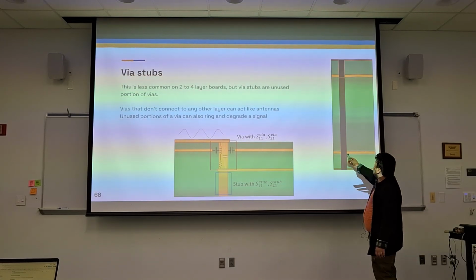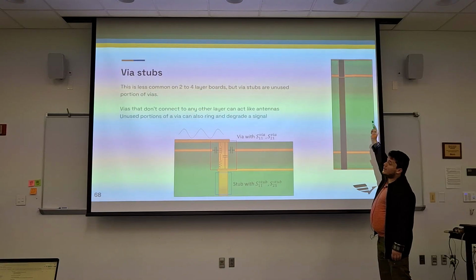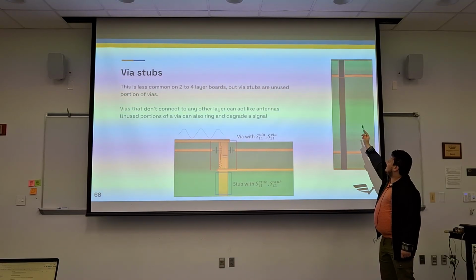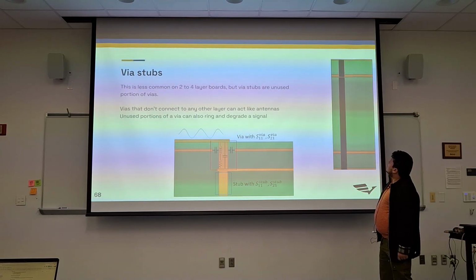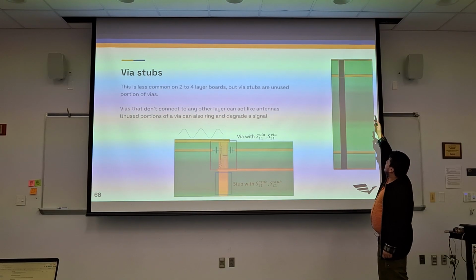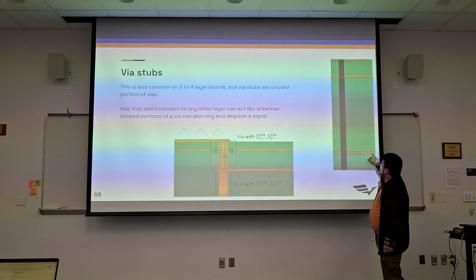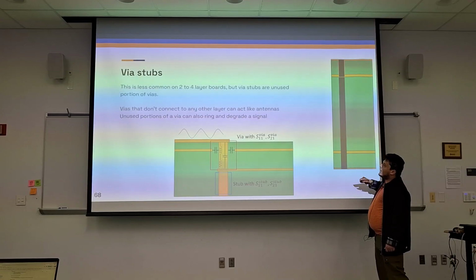And so all of this noise, since this is all connected, right, is going to degrade that signal to hell. So you always want to avoid having these massive stubs. So if you do connect signal to an internal layer, try to connect it down here where our stub is only 7 mils instead of 47 mils.